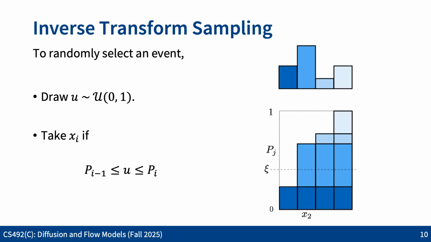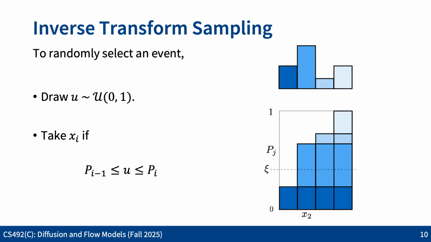Then we sample from this axis with the uniform distribution, getting a random probability in the range from 0 to 1, and see which bin this point falls into. Makes sense? That's the very basic idea for inverse transform sampling.